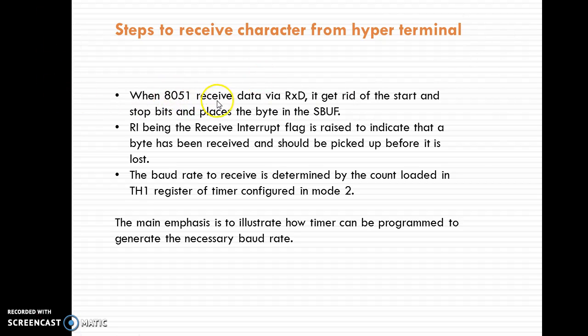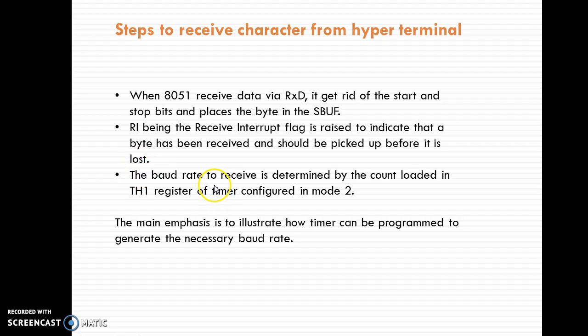When the 8051 receives data via RxD, it gets rid of the start and stop bits and places the byte in the serial buffer of the microcontroller. RI, the receive interrupt bit, is raised to indicate that a byte has been received and it has to be picked up before it gets lost.